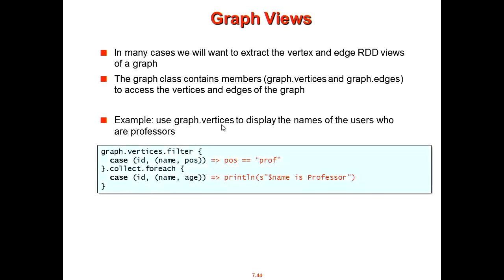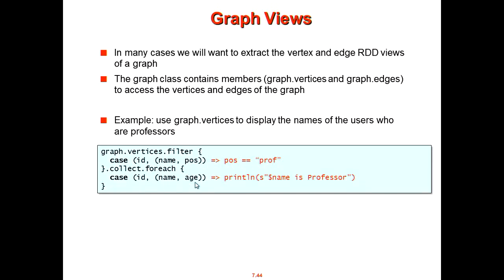This is still similar to the previous slide's example, and this is a filter. We want to check the names of the users who are professors. So we want to list all the professors actually. What we can do is first get the vertices RDD, and then we filter. We only get the data whose position is professor, right?